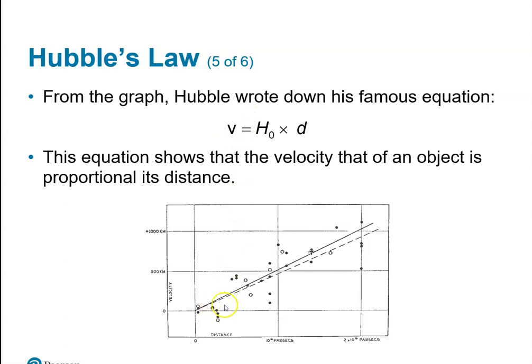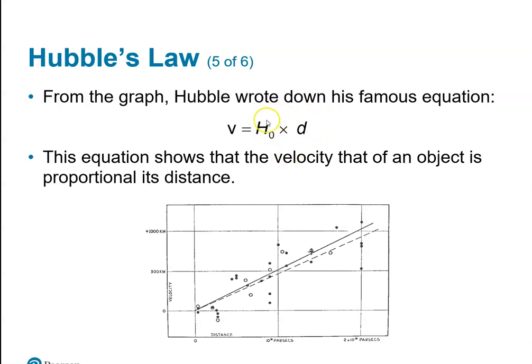You go out far enough, and galaxies will all be redshifted, and the further away they are, the greater the redshift, and it exactly follows this equation. So that was Hubble's great discovery. It basically proved that the universe has been expanding since the time of the Big Bang.